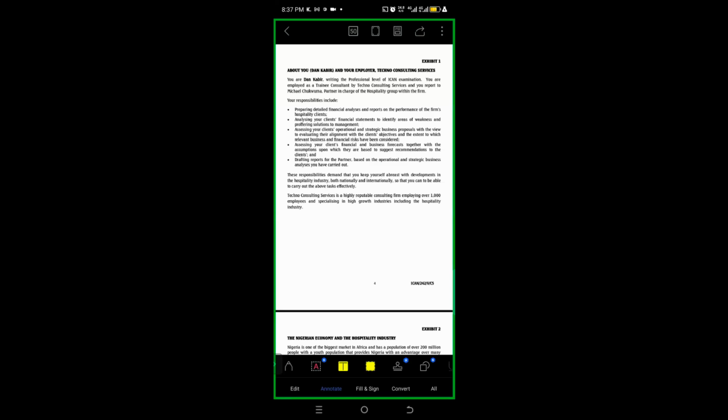Then number 3, assessing your client's operational and strategic business proposals. Proposals could come in the form of an investment proposal. Maybe a proposal is coming to the client and they will want you to appraise it.